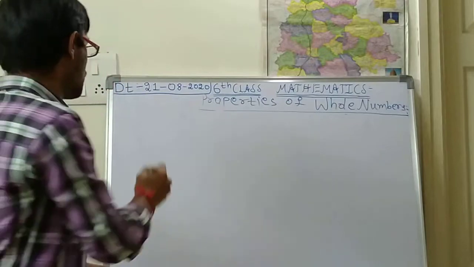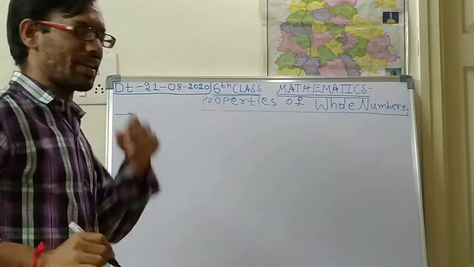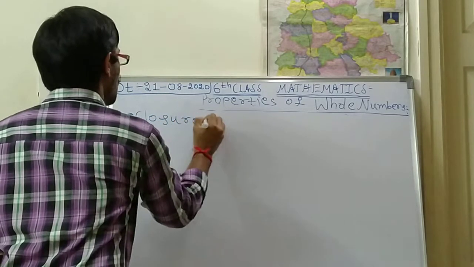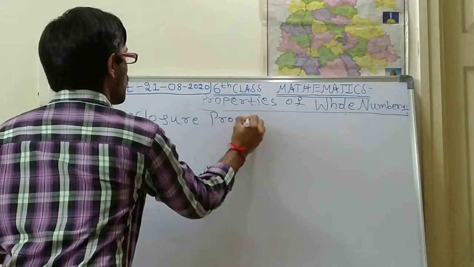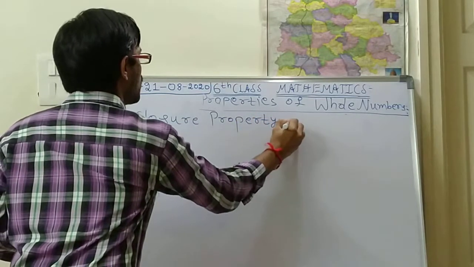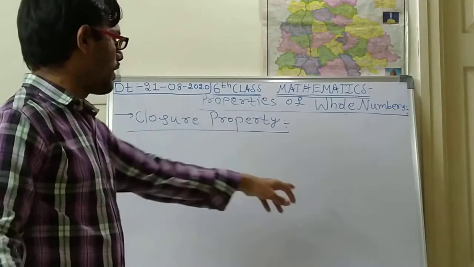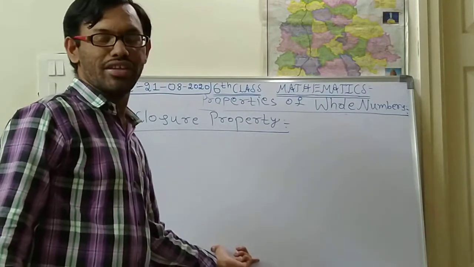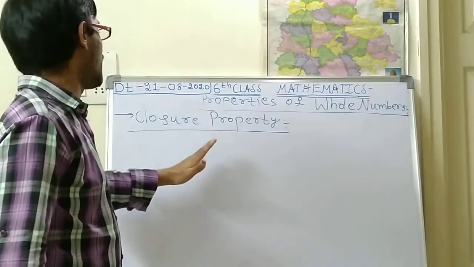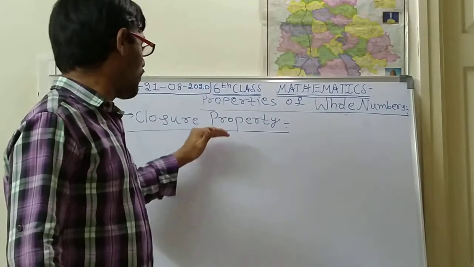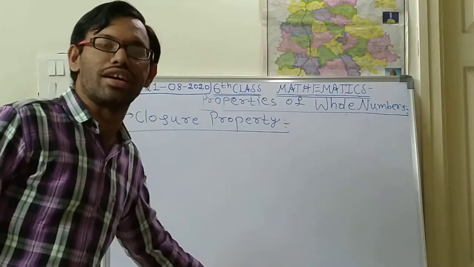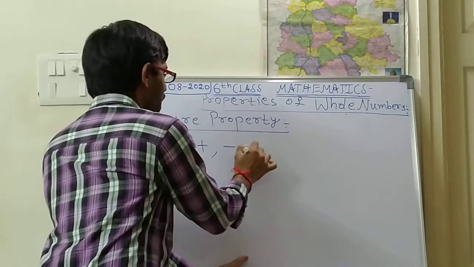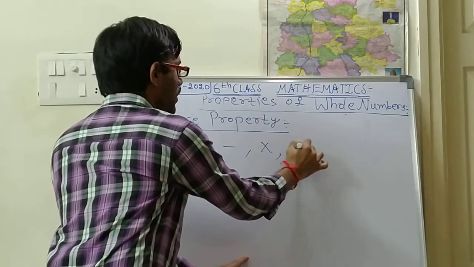The first property we are discussing is the closure property. What is the closure property? For every property, we have to consider the four basic operations: addition, subtraction, multiplication and division.